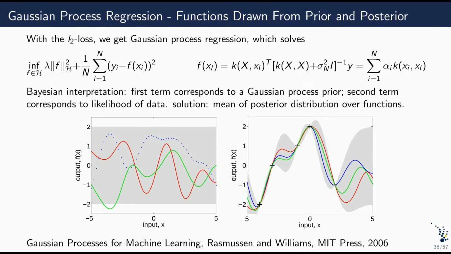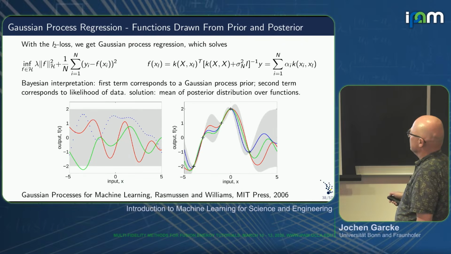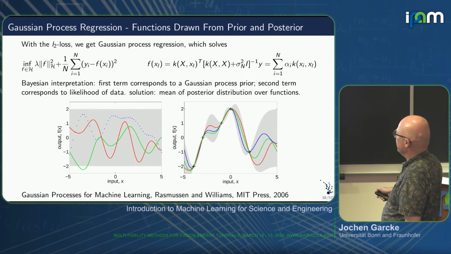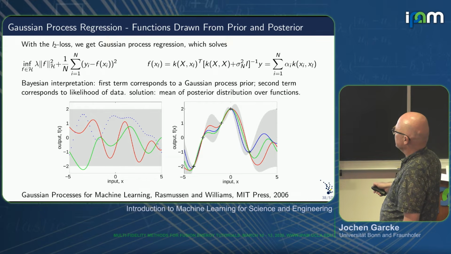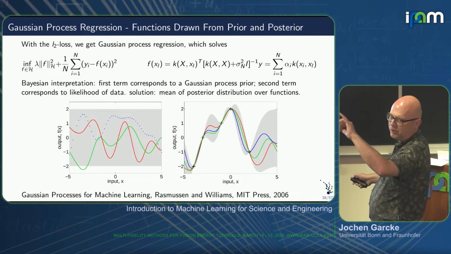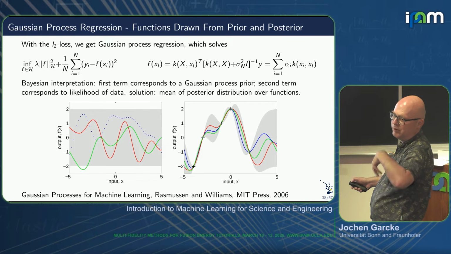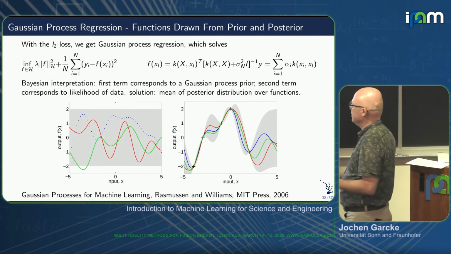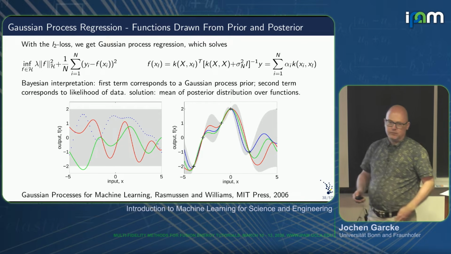And the nice thing about Gaussian process regression is that it predicts our values, but it also predicts the uncertainty. So these are the data points we have. And we can measure, particularly in between, how large our uncertainty is. And this is built in systematically and verifiably for Gaussian process regression.